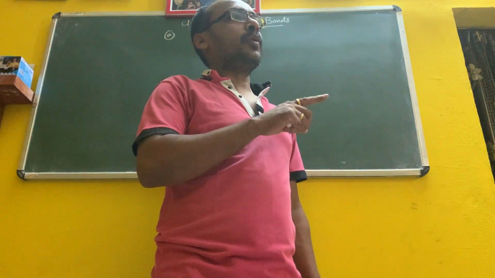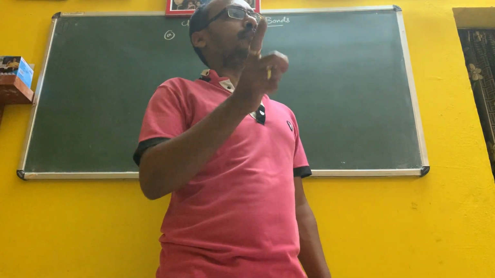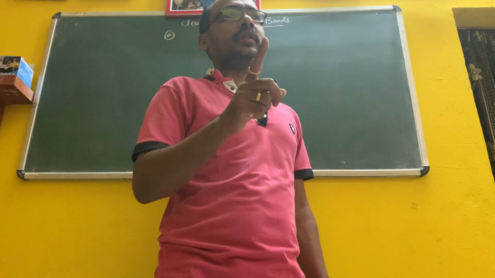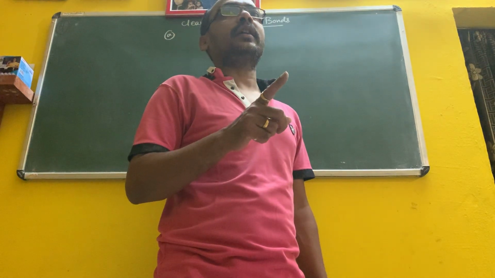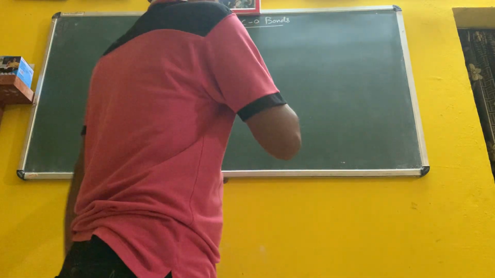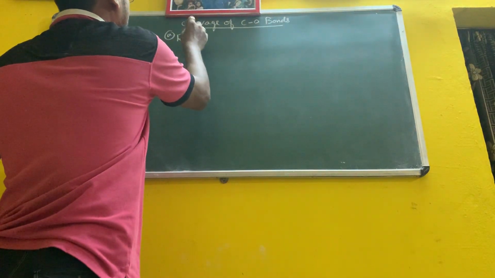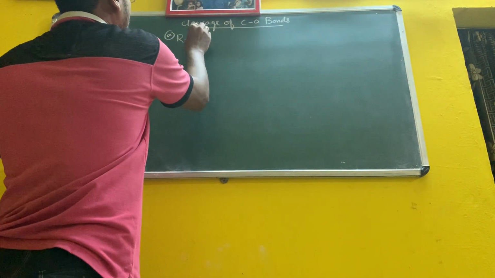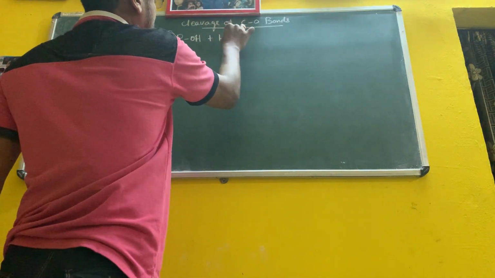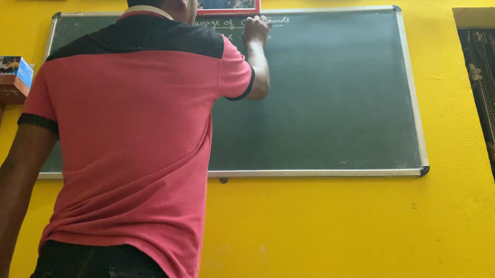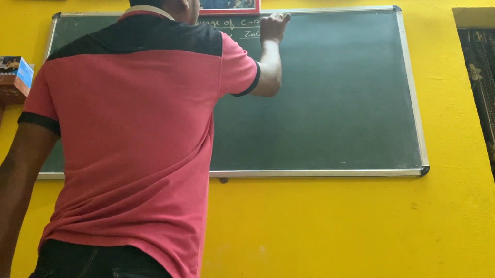So the preparation of alkyl halide from alcohols is the first reaction, in the presence of Lucas reagent, HCl and ZnCl2. ROH plus HX in presence of ZnCl2.